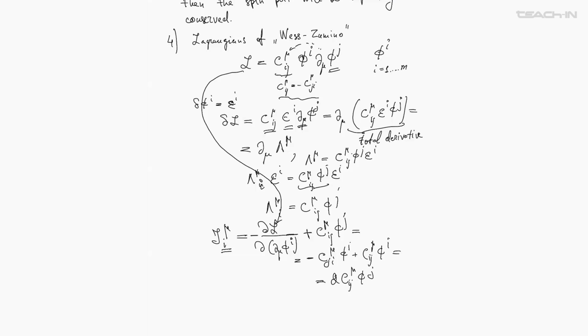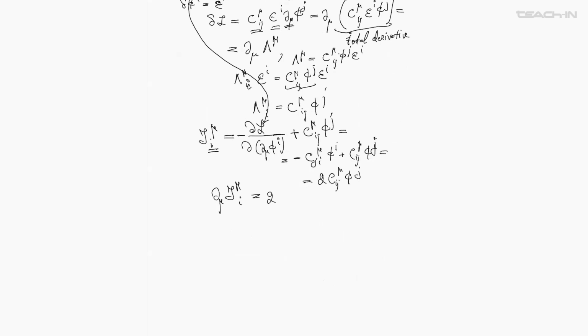Okay, so this is how the Noether current looks, and you can immediately test the conservation law. You take this current and compute its divergence. It reduces, as you see from this formula, to twice d mu applied to C mu ij phi j.